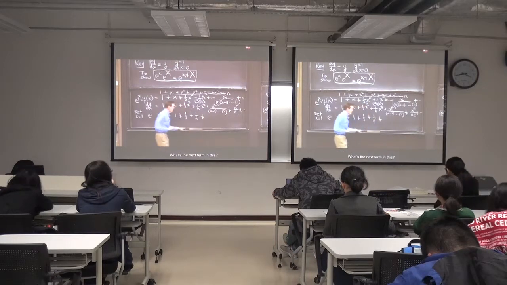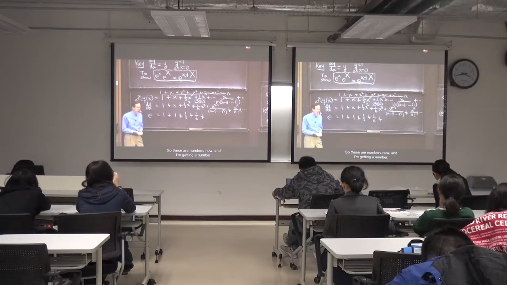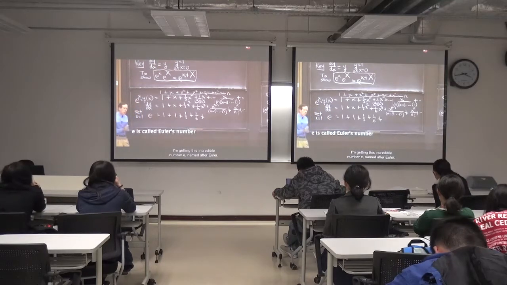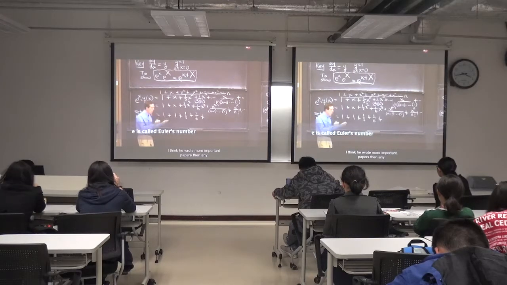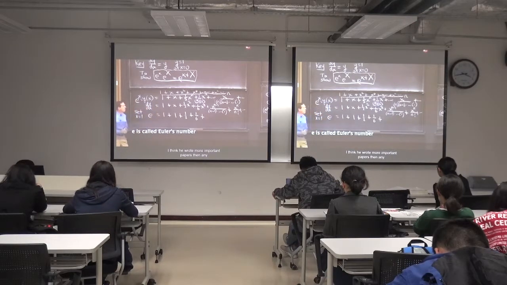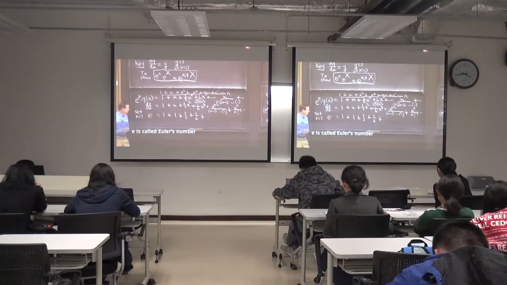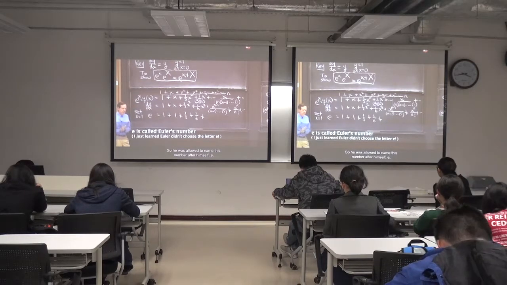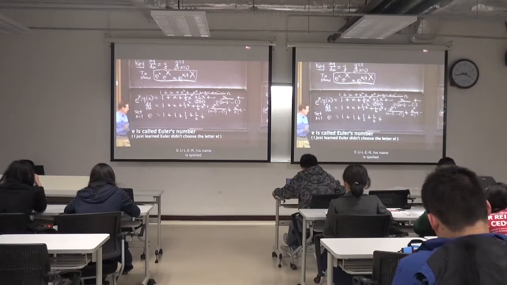What's the next term in this? So these are numbers now, and I'm getting a number. I'm getting this incredible number e, named after Euler. Euler was a fantastic mathematician. I think he wrote more important papers than any mathematician in history. So he was allowed to name this number after himself. E-U-L-E-R, his name is spelled.